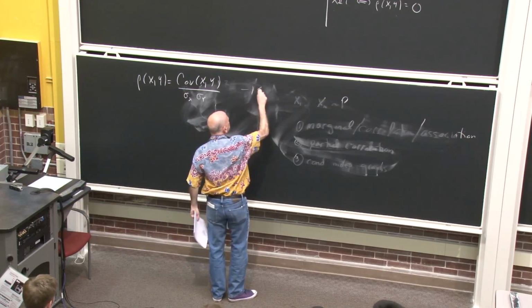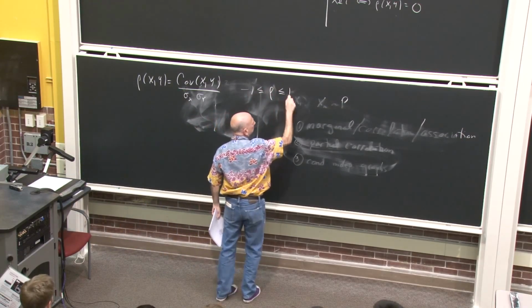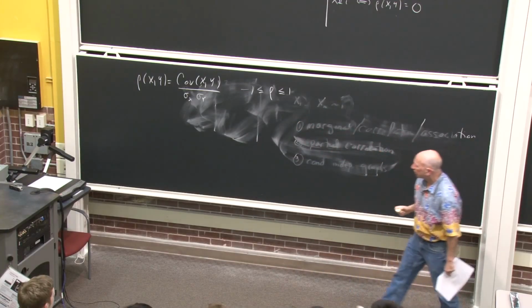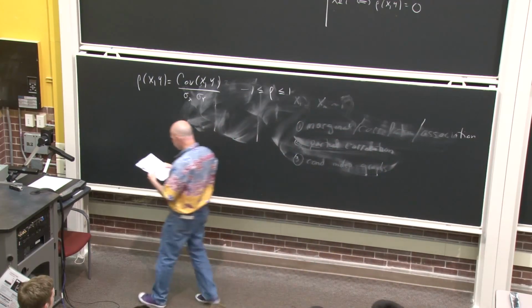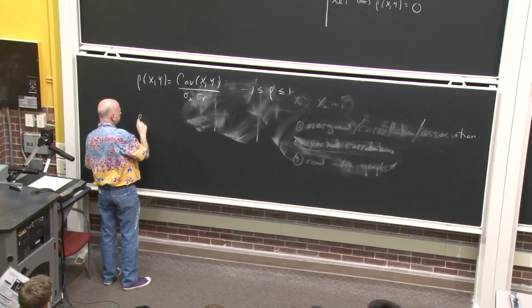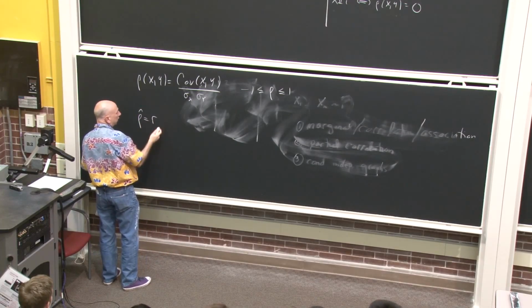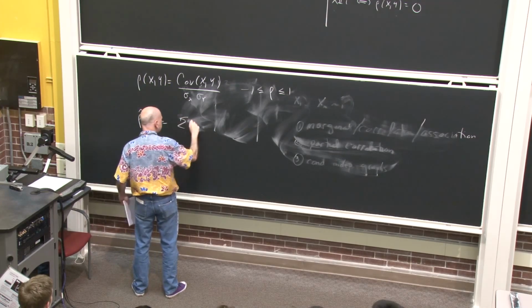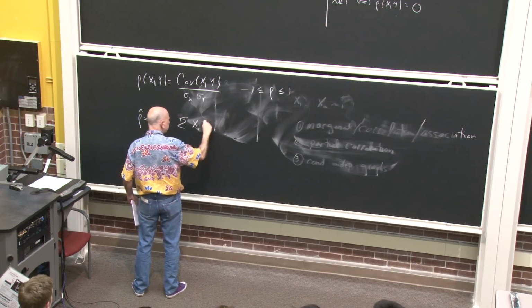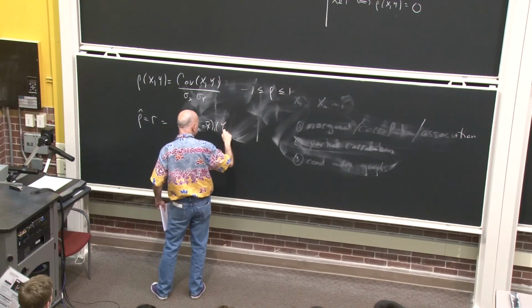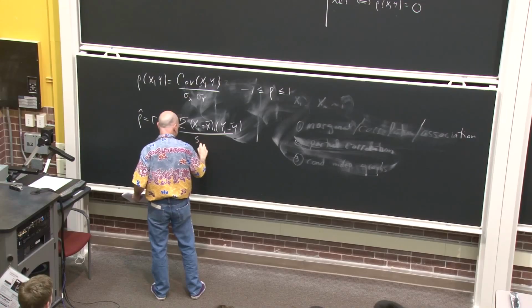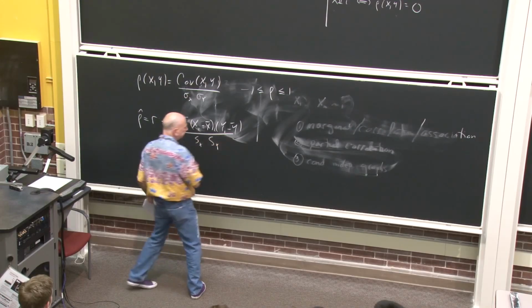This is always between -1 and 1. And of course, this is very easy to estimate. We can estimate it with, let's call it rho hat, or some people will call it R, which is just the sample version of these things. So that would just be the sum of (xi minus x bar)(yi minus y bar), over the sample standard deviation of x and sample standard deviation of y.